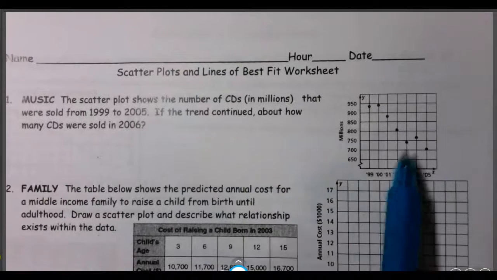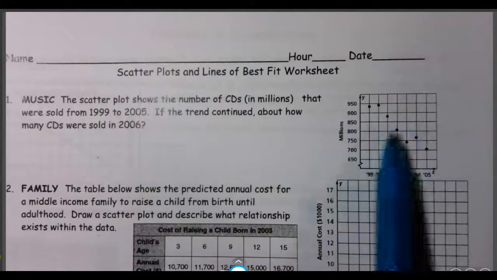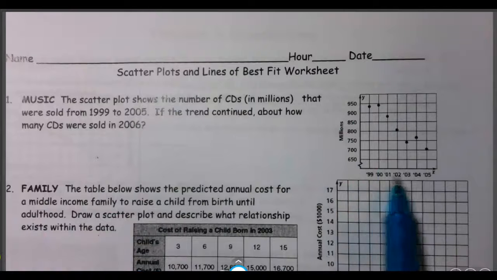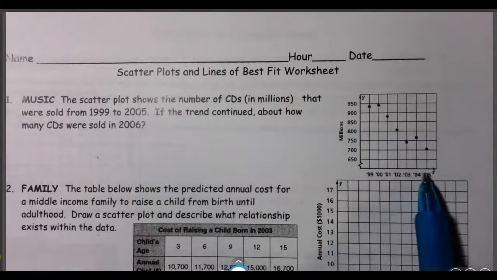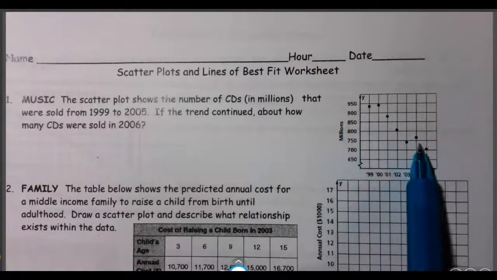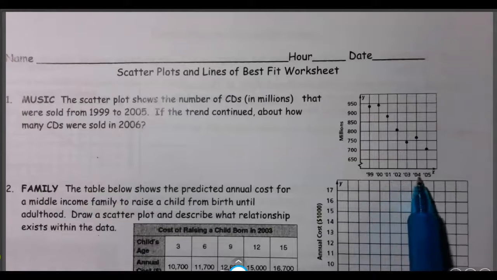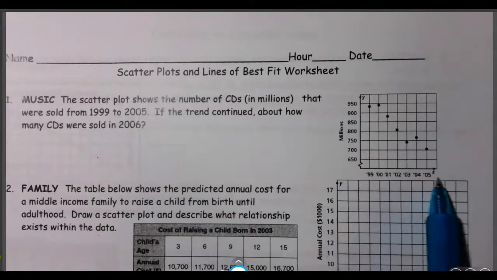Now, the other thing that's interesting about this is that people make predictions. But notice the years. We're not going to actually do this one out, but this is an interesting one that is used, and you can see why in just a second. What happened is the number of CDs being bought went down. Well, look at the years. What was happening during that time? Technology was on the rise.